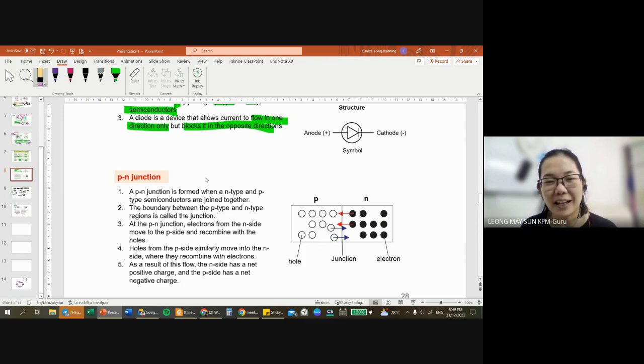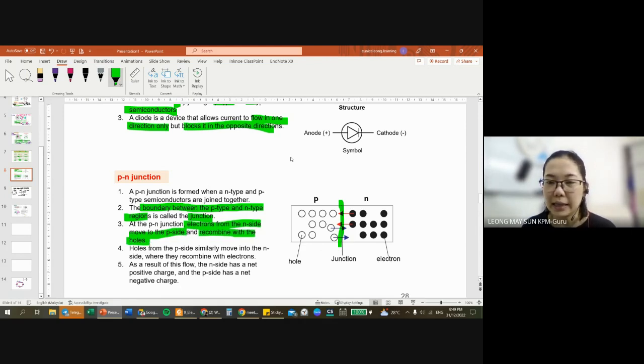So a PN junction, the word junction is actually formed at the boundary between the p-type and the n-type region. Okay, so that is called the junction, which means this line. It is very important to understand this junction line because at the p-n junction, electrons from the n side move to the p side to recombine with the holes.